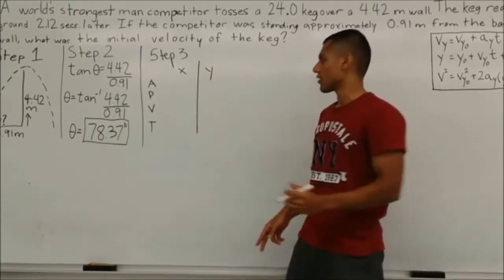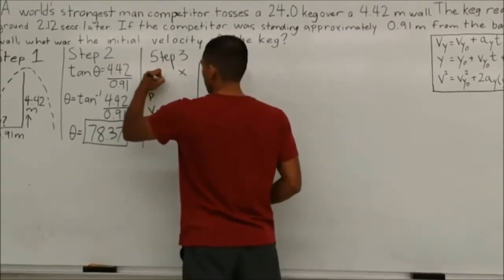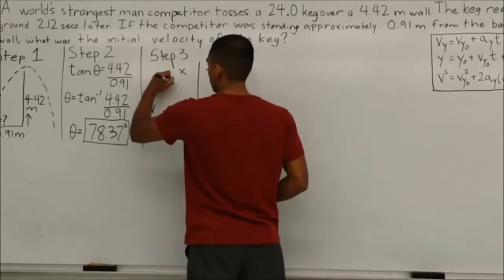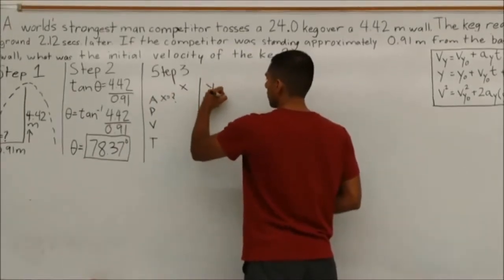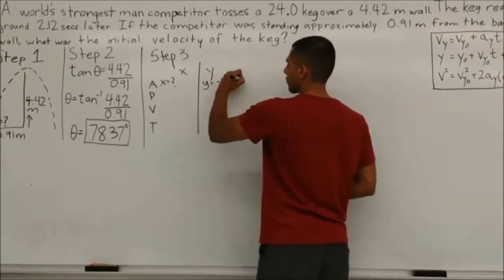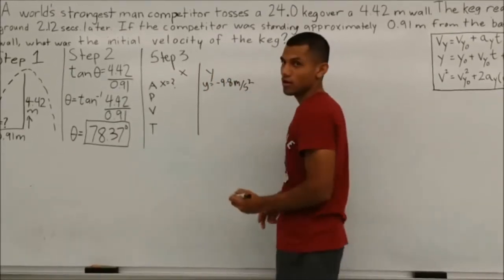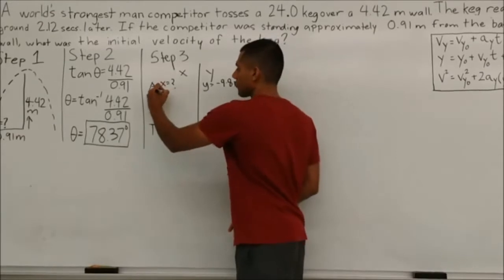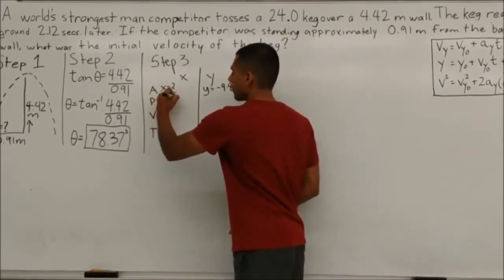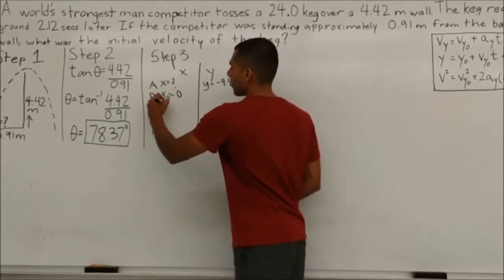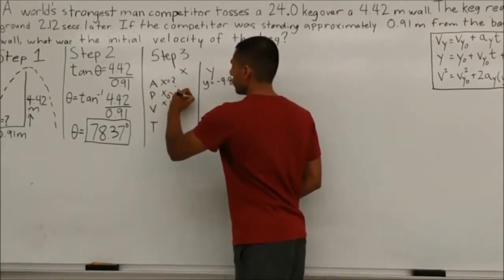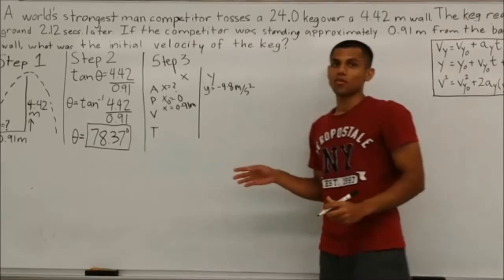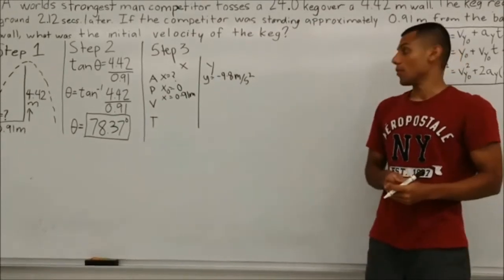So let's look at acceleration. Acceleration in the X direction is unknown at this point. Acceleration in the Y direction is negative 9.8 meters per second squared due to gravity. The initial position in the X direction is 0, and the final position in the X direction is 0.91 meters, which is the distance between the base of the wall and the position of the competitor.